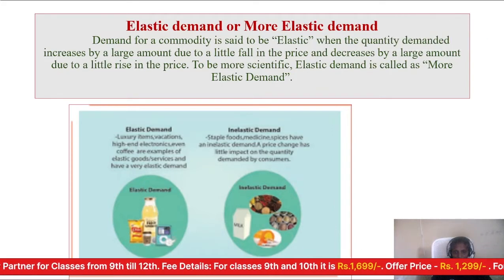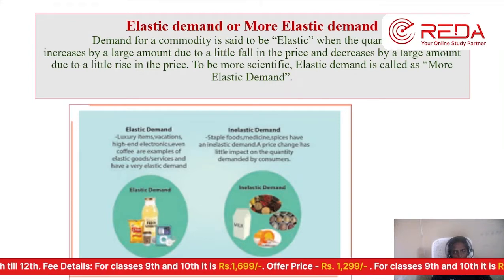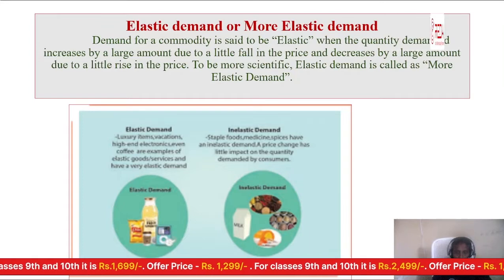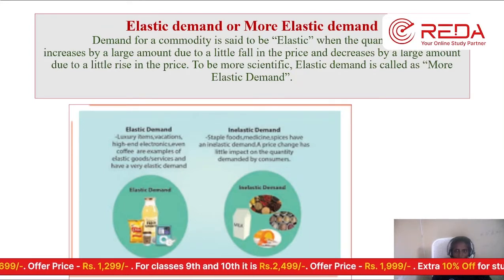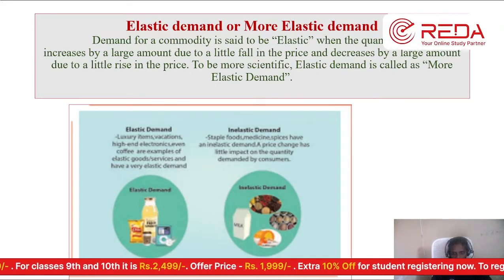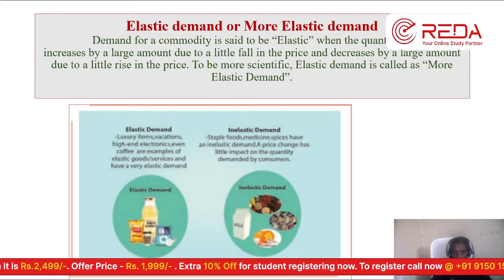This elasticity is not a proportional one. Sometimes it will be larger, sometimes smaller, according to the situation. When and how this elasticity happens, we are going to see with the help of the price factors.